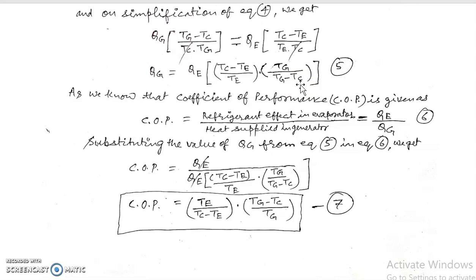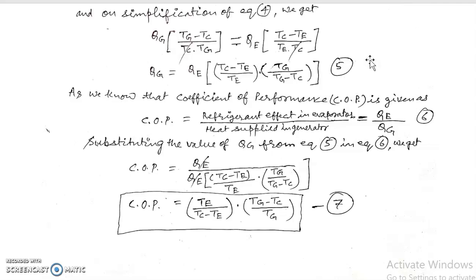And as we know, the coefficient of performance of any refrigeration system is the ratio of output over input. In the vapor compression system, output was the refrigeration effect and the input was the compressor work.